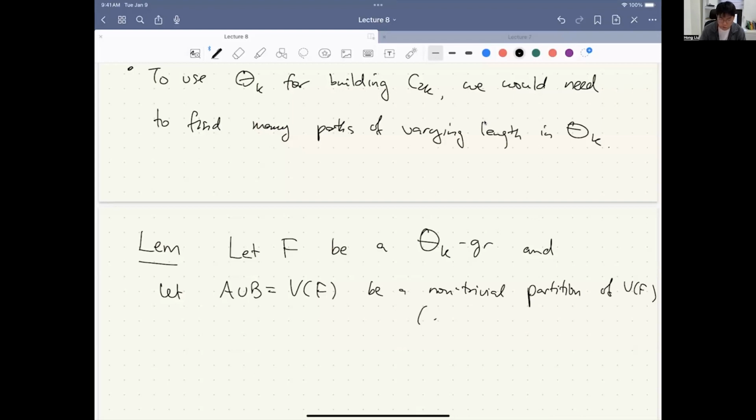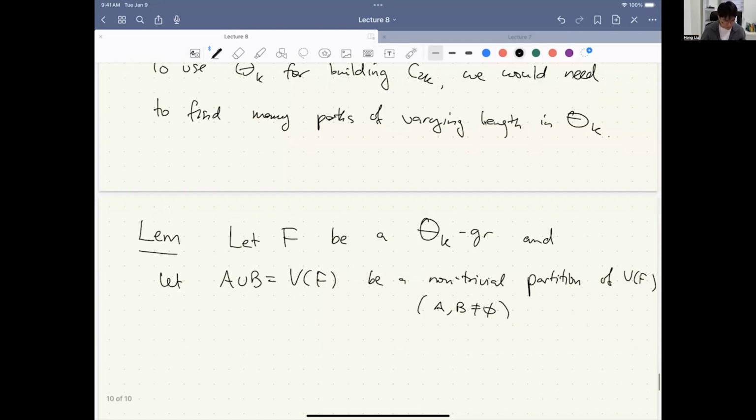Here, non-trivial just means none of them is the empty set. You cannot put everything into one set.